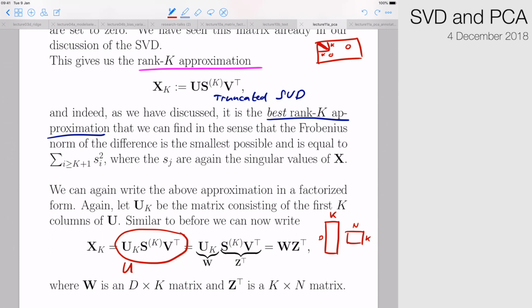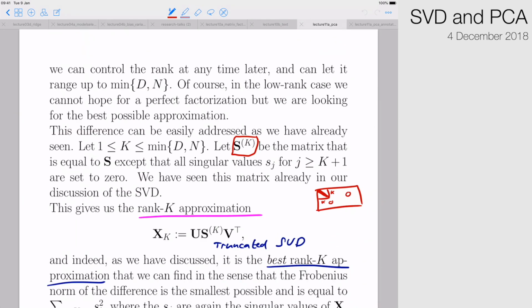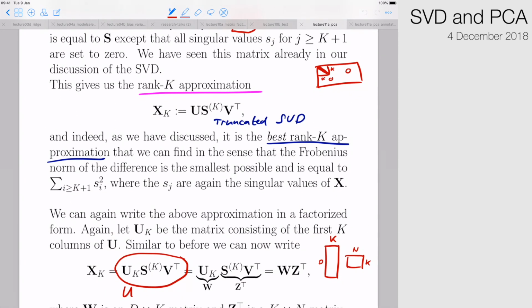And we can also interpret it clearly because we said that the columns of U have a nice interpretation as faces, or the main directions in this faces space, and then the other part of the deal, the Z matrix, which is S times V, that also has a clear interpretation. That's the projection from your original D space down to the K space. So the V matrix here, or the Z matrix, that's your compressed data set.